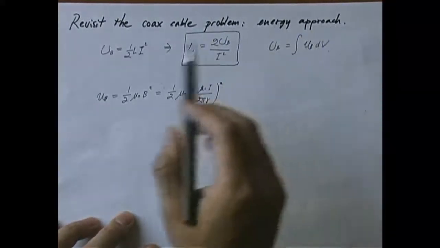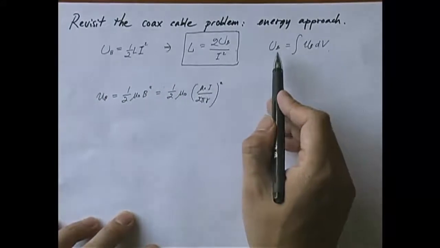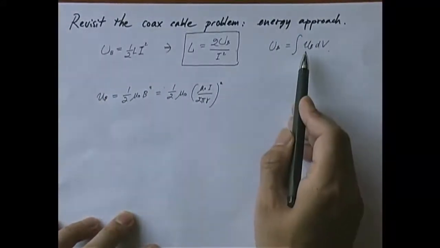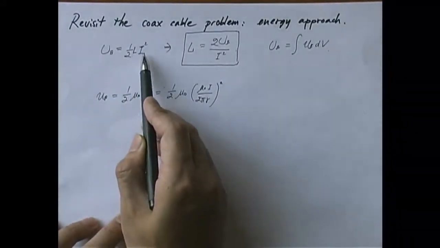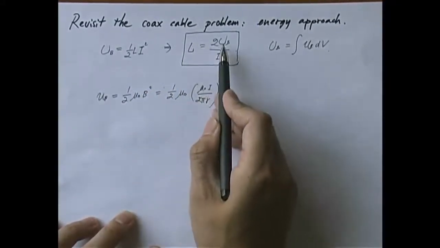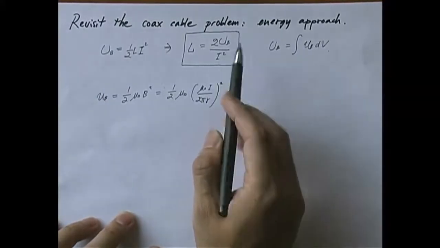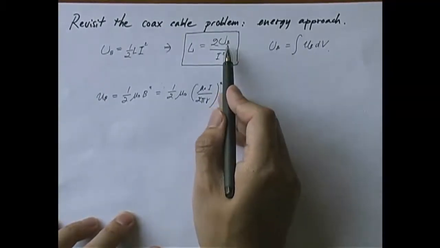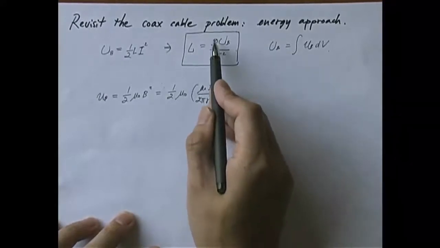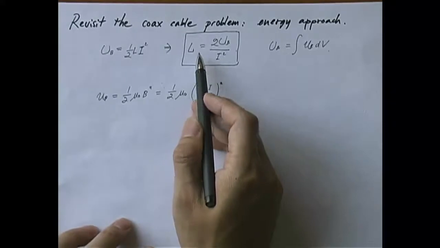The idea is, suppose I know the magnetic energy density u, I can then find the magnetic energy of the entire system, U_B, by integrating. U_B equals 1/2 L i squared, we just learned on the previous page. From that, we can find L equals 2 U_B over i squared. So instead of calculating the magnetic flux, I can calculate the magnetic energy first, and then divide it by i squared times 2. I should get the same value for the self-inductance.